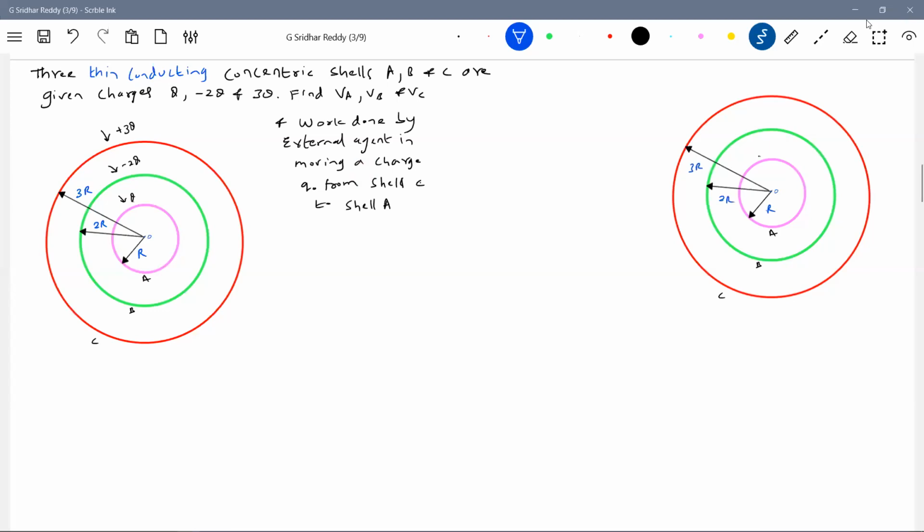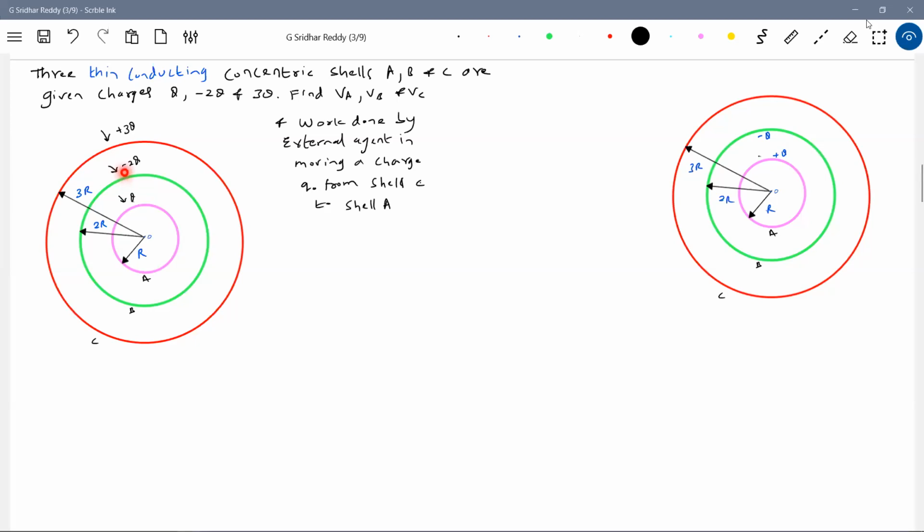What about the charge? Induced charges we'll see first. This will help us a lot. What about the charge here? Plus Q. If I show it everywhere on the surface, that will take time, so I'm just indicating only plus. It is understood. This charge will be distributed uniformly on the surface of shell A. Then it should be minus Q, am I right? Then what was the charge of the shell B?